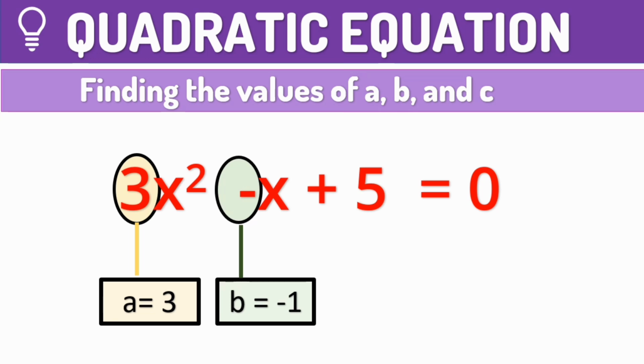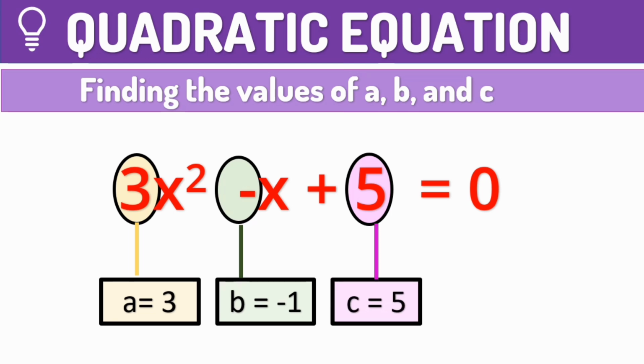Again, it has an invisible one here. And if we want to find the value of c, the value of c here is positive 5. The value of C can be seen on the constant term.